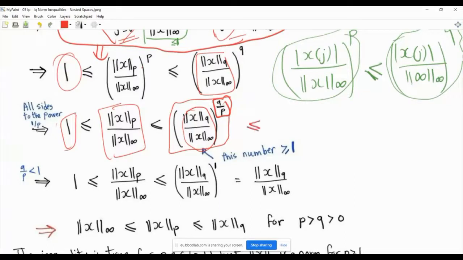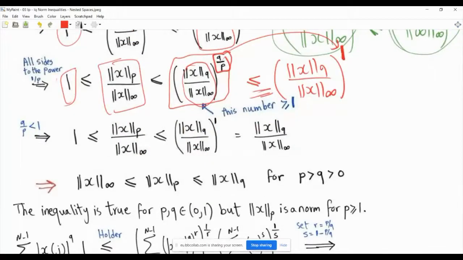So definitely this is less than or equal to the same number, which is greater than or equal to 1, raised to the power 1, because you are increasing the power. If you increase the power and the number itself is 1 or more, then you have this inequality. Okay, so we are done.